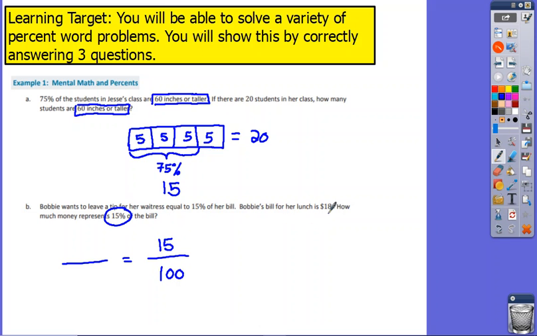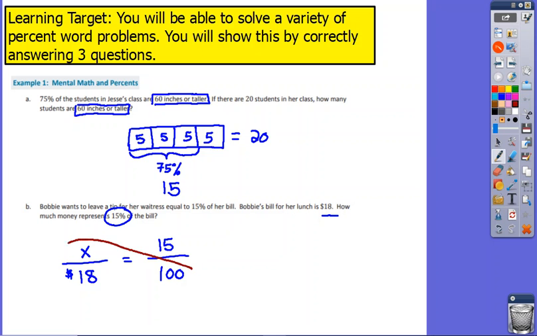Now I just have to figure out what to do with the $18. The $18 is what you're paying for lunch, and you're trying to figure out the tip. So do you think the 18 goes on the top or the bottom? The 18 is the whole, so that is going on the bottom, and the amount on the top will be the smaller portion, that is the 15%.